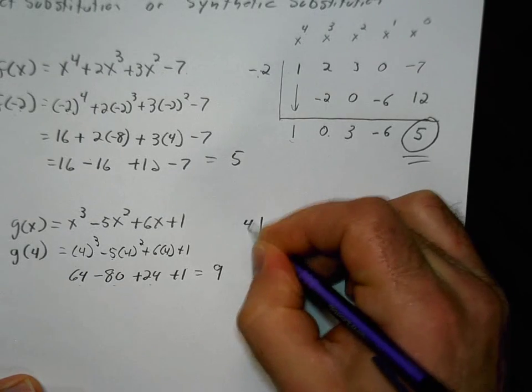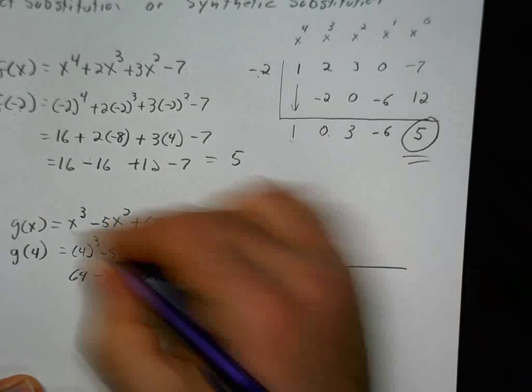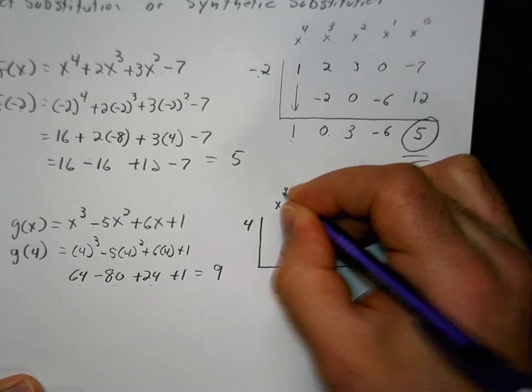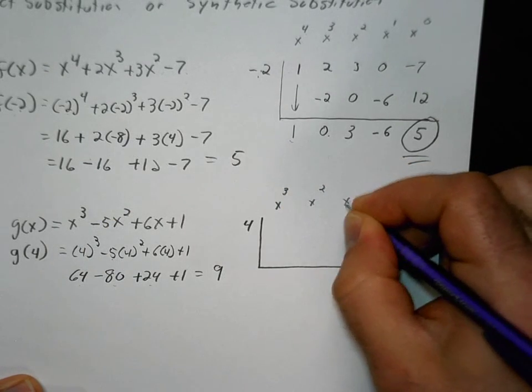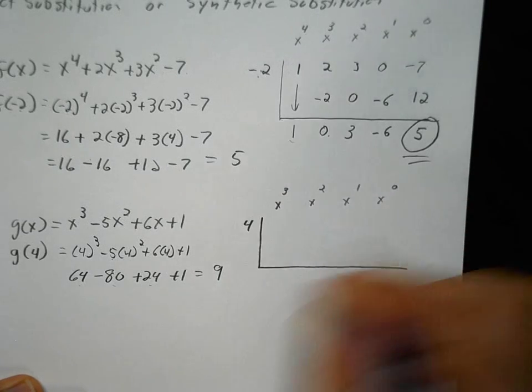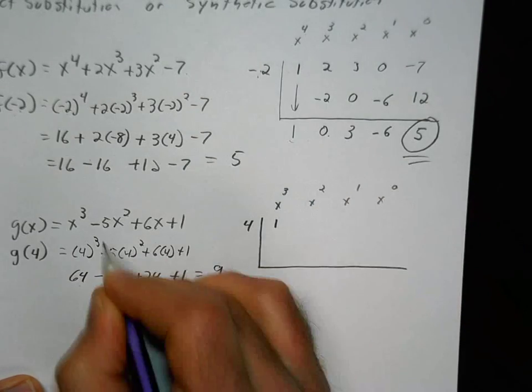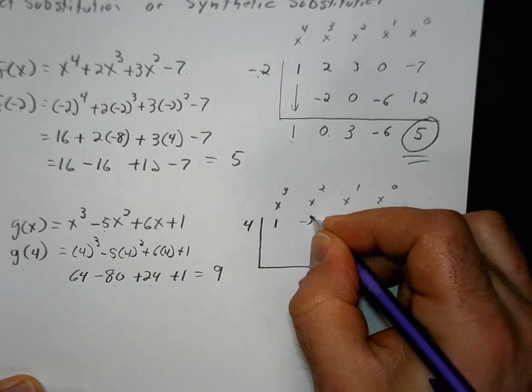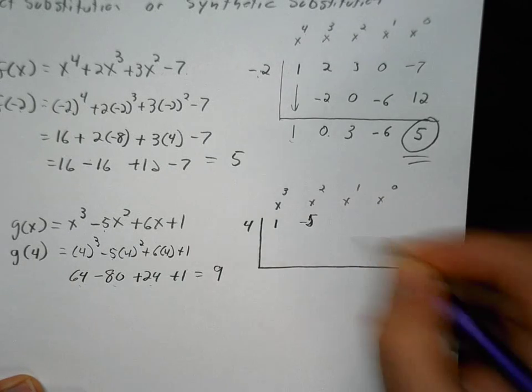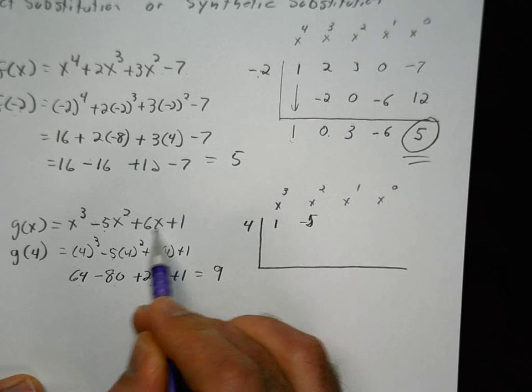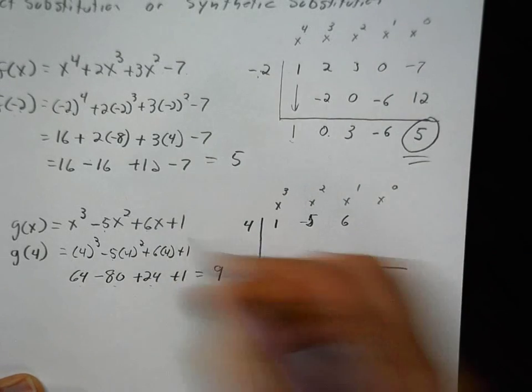Number I plug in is 4. x cubed is my biggest power. Cubed, squared, 1, 0, so I've got a 1, a negative 5, and then my x to the 1 term is 6, my constant is 1.